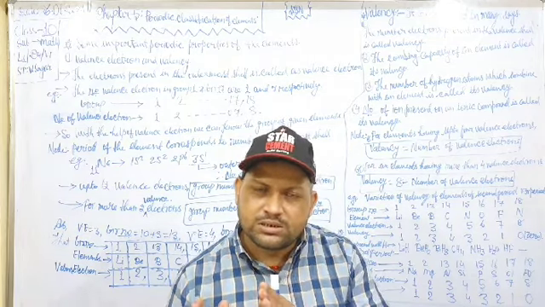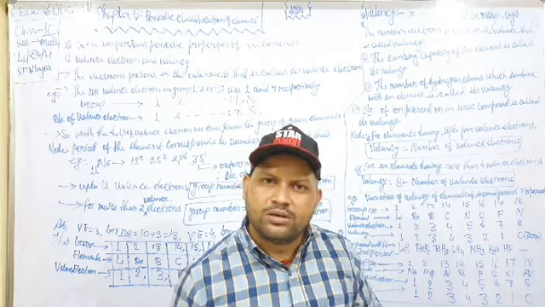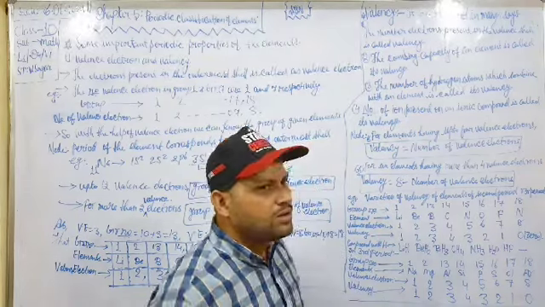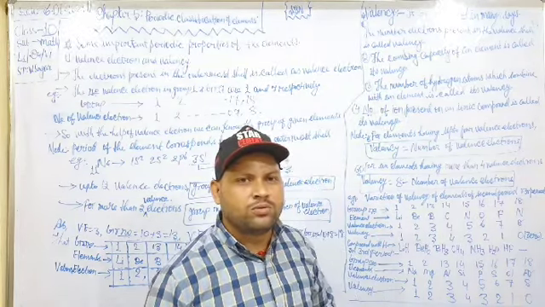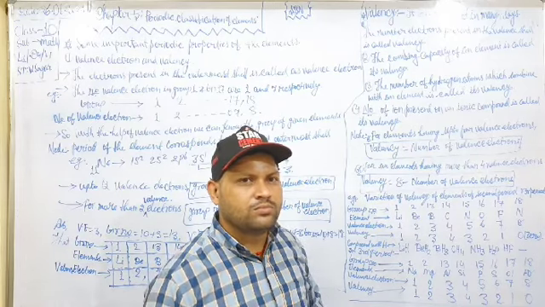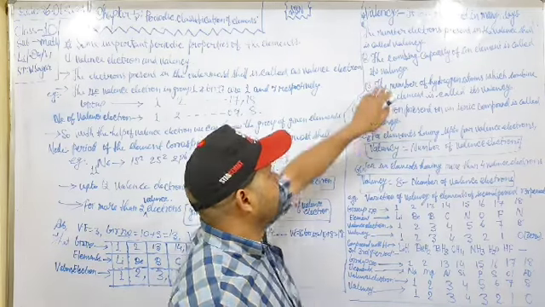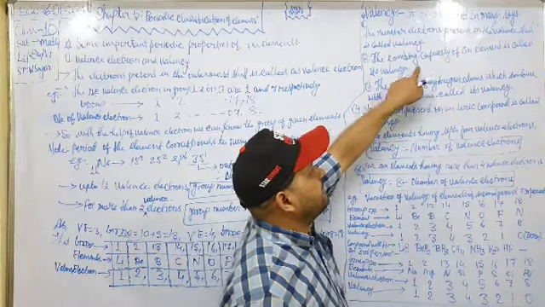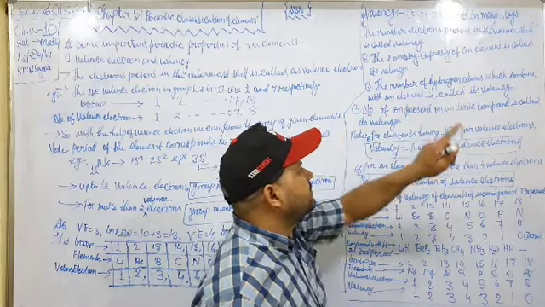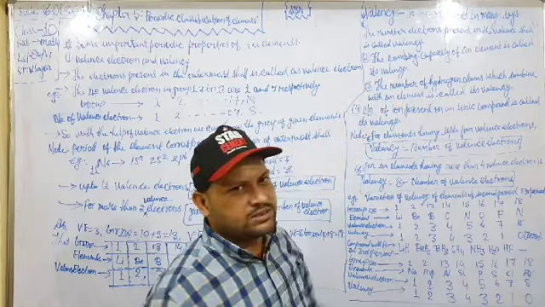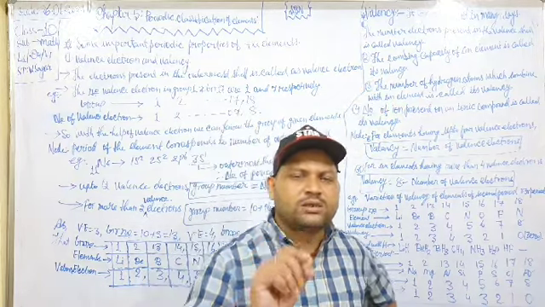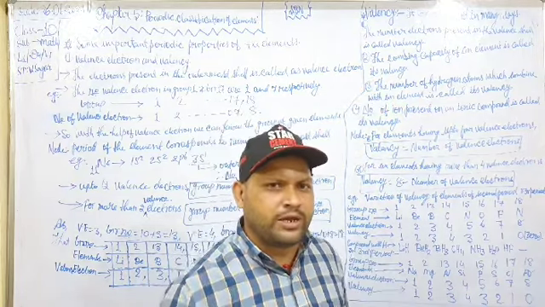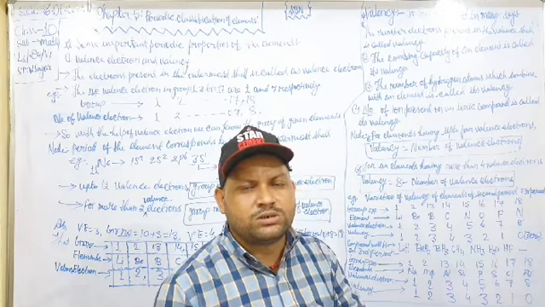But is it right? Never. Then what do we have to do? We have to apply this definition: the combining capacity of an element is called its valency. How many electrons combine with chlorine to form compounds?